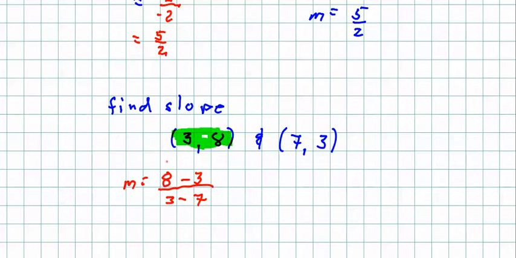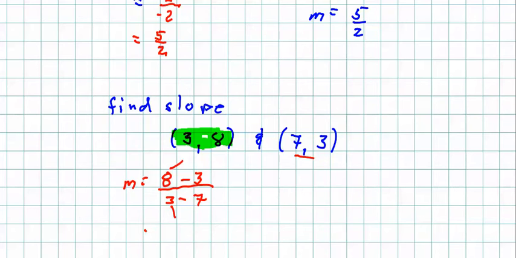Notice that the first numbers in the numerator and the denominator come from the same ordered pair, and the second numbers I wrote come from the other. y1 minus y2, x1 minus x2.